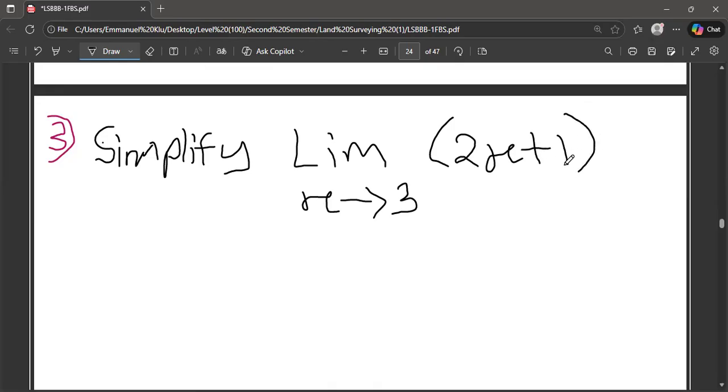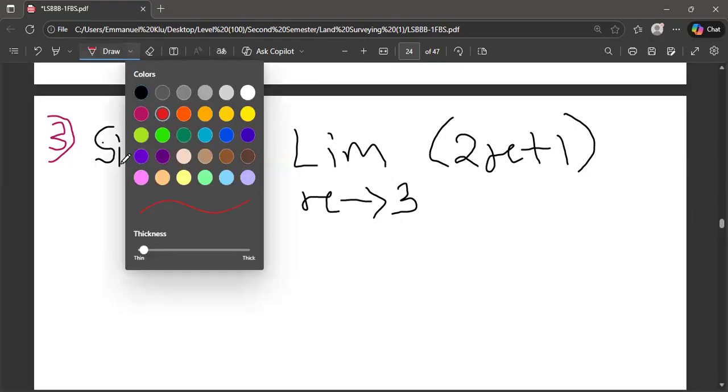Okay. Quickly solve it at your end and give me the answer. What are you going to get for your final answer, please? Kindly solve this one and give me the answer.